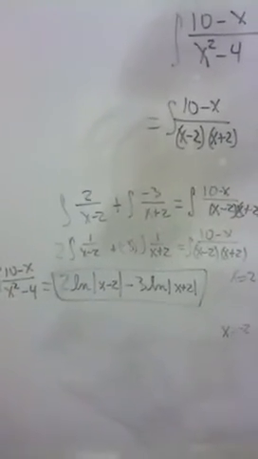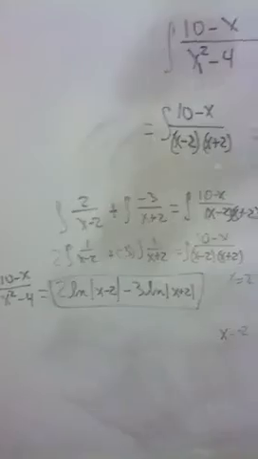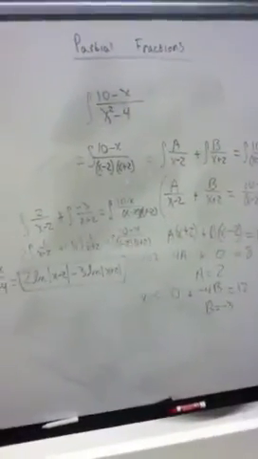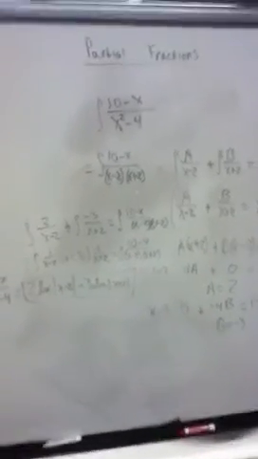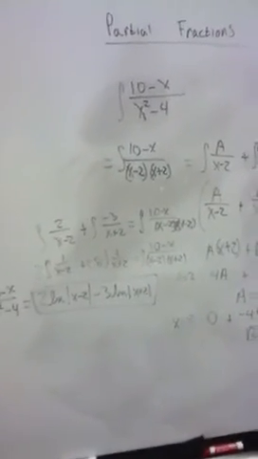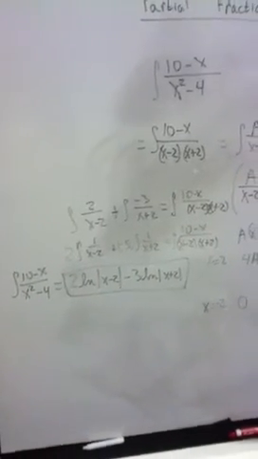Once you have that, go back up to your integral equation. This is when you start putting back the integral signs. You have the integral of 2, which is what your a was, over x minus 2, and the integral of -3, because that's what your b was, over x plus 2. That is equal to the integral of 10 minus x over x minus 2 times x plus 2.